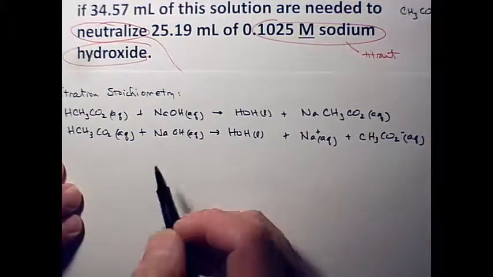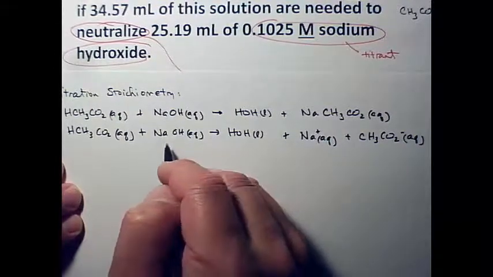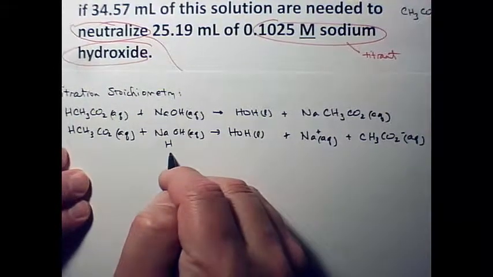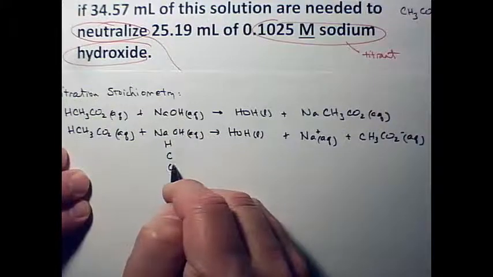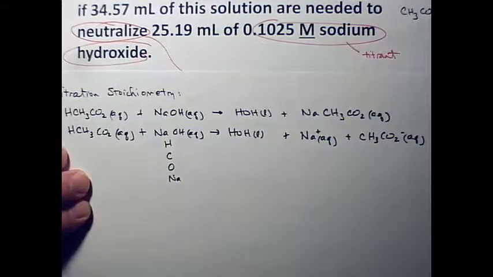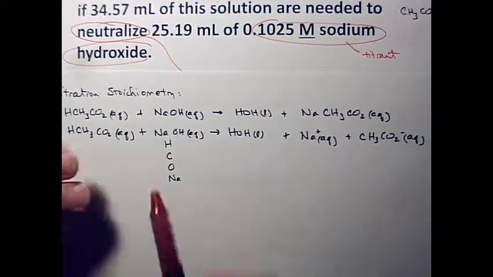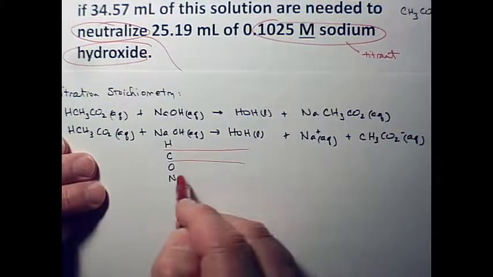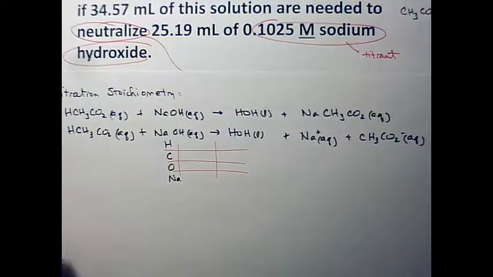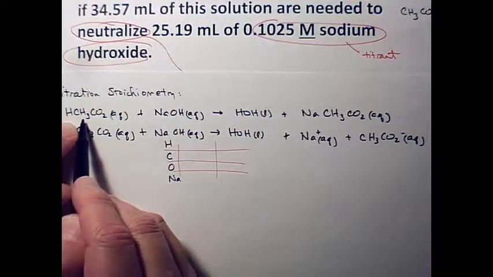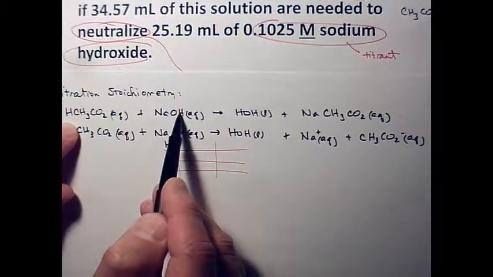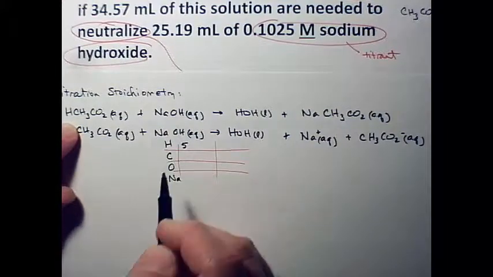In any case, we need to balance the equation, and we use an atom inventory for that. So we've got hydrogens and carbons, and oxygens and sodiums here. I see 1 plus 3, that's 4, plus 1, that's 5 hydrogens.